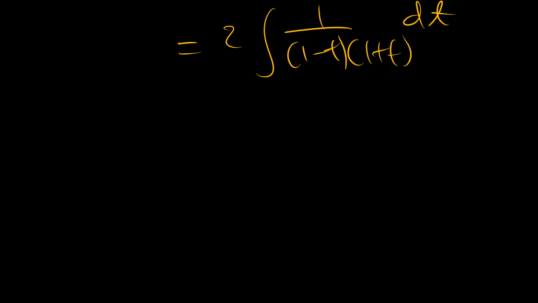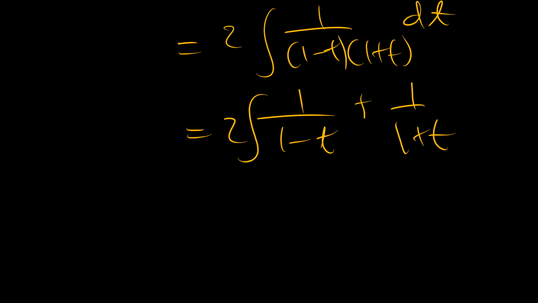So if our problem now has come to 1 over 1 minus t times 1 plus t dt, this means we have 1 over 1 minus t plus 1 over 1 plus t, divided by 2, because when you add 1 and 1 it becomes 2, so this would cancel.